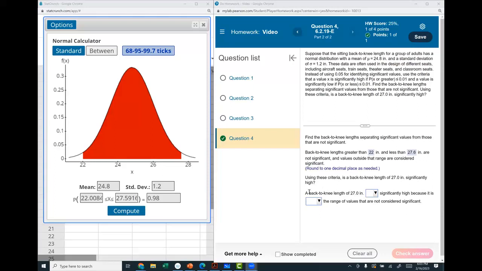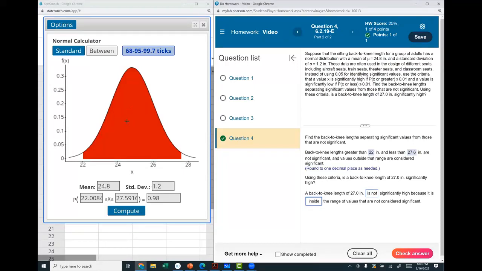And so now a back to knee length of 27 inches. So 27 inches is actually between 22 and 27.6. So it is not significantly high because it is inside the range of values that are not considered significant.